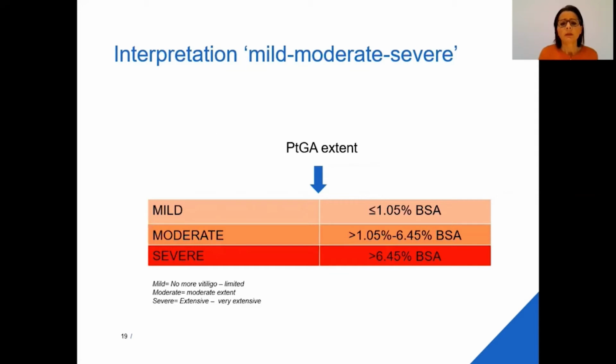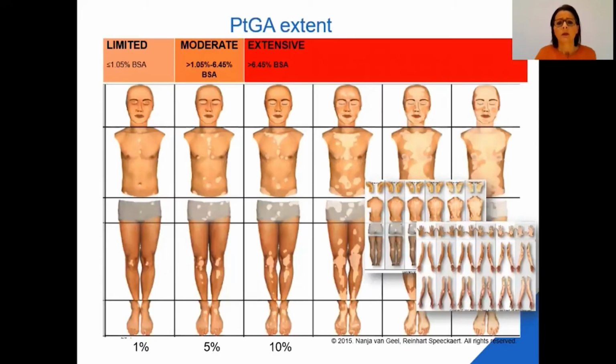And we could see, based on our study, that patients considered their vitiligo to be mild in case the body surface area affected was less than 1%. It was moderate if it was between 1 and 6%, and severe if it was more than 6%. So if you project this now on the self-assessment scoring sheet, you can see that the cutoff points are present within the 3 first categories as included in this instrument.